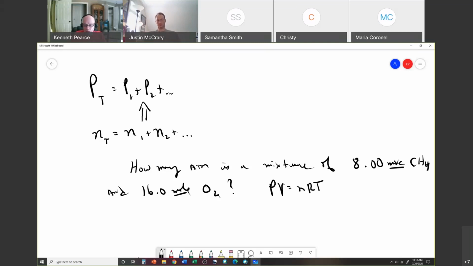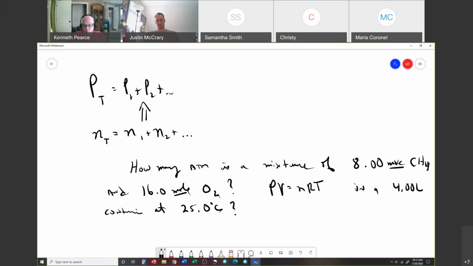And let's say we have in a 4.00 liter container at 25.0 degrees Celsius. Okay, so I want to know the pressure, I got the volume, I got the temperature. Okay, so there it is.